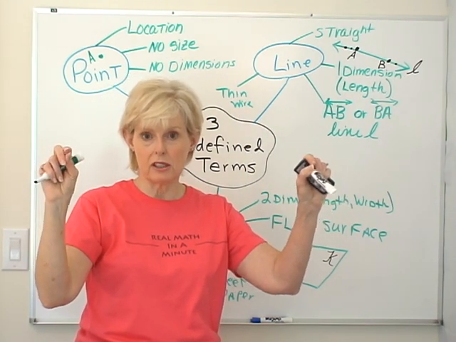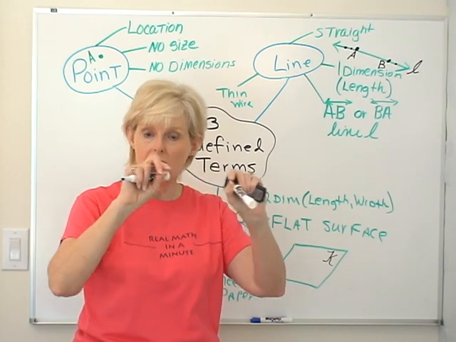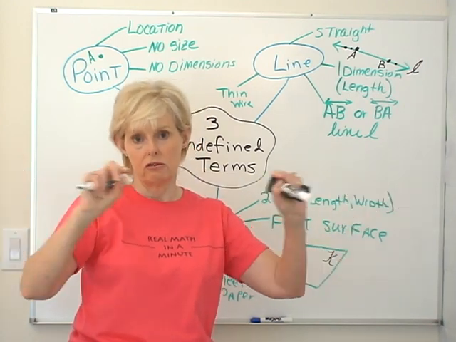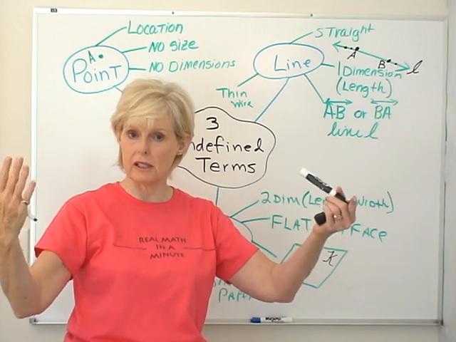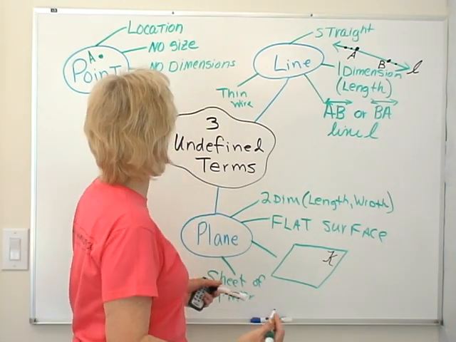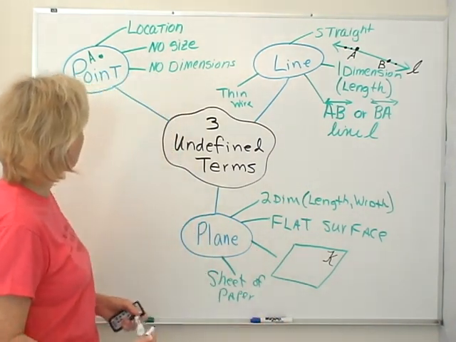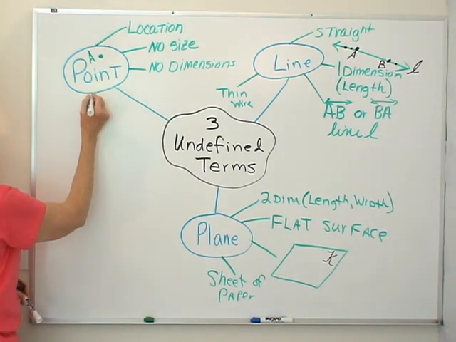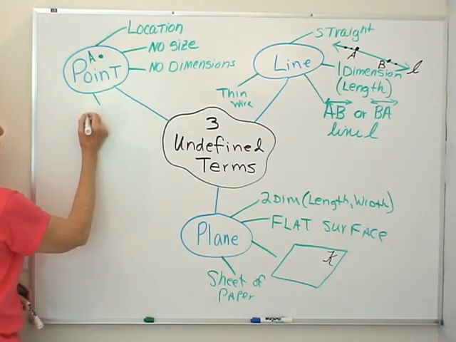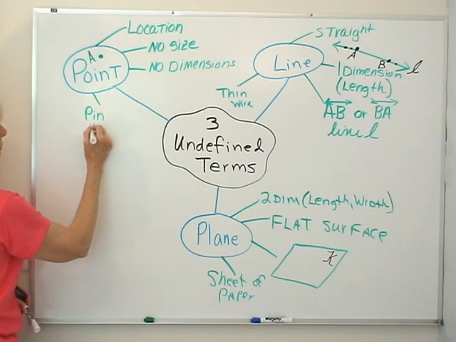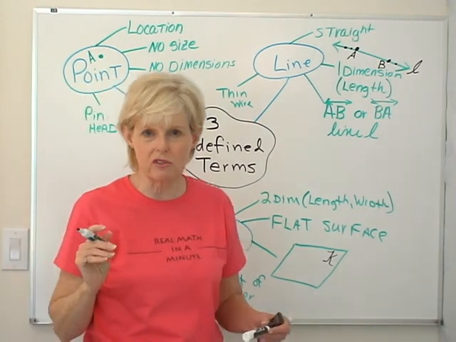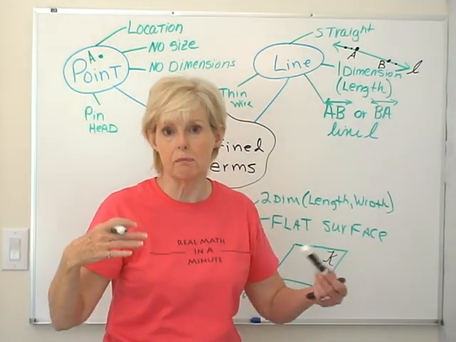And so it would have endpoints, whereas a line never would. So again, we're describing a line, not trying to define it. And for a point, we use a dot, or the head of a pen, just to represent a dot, a point.